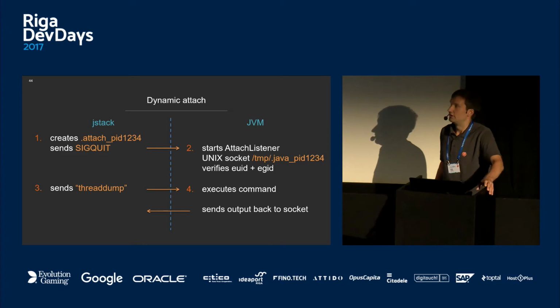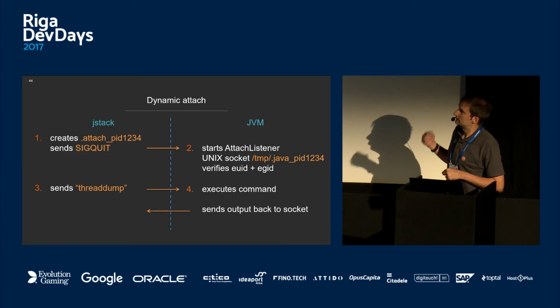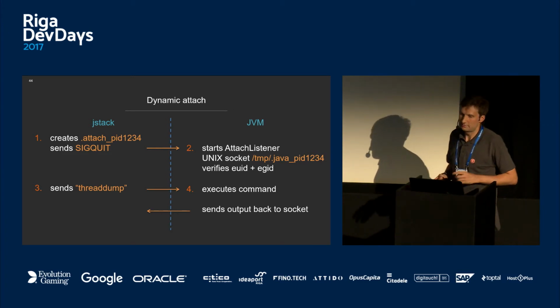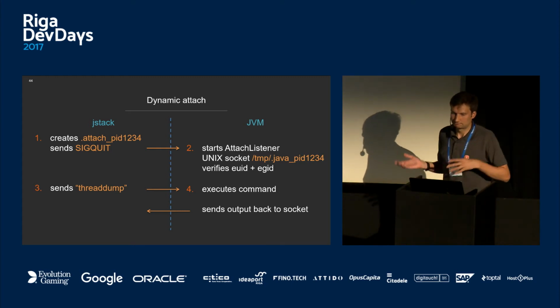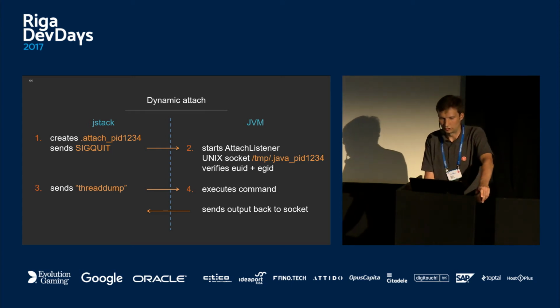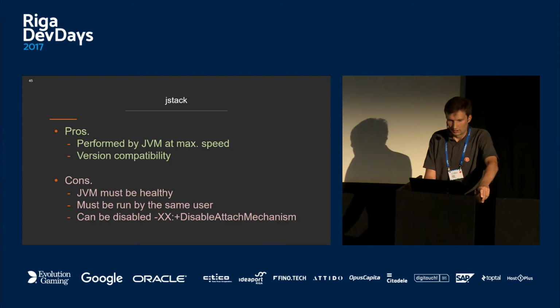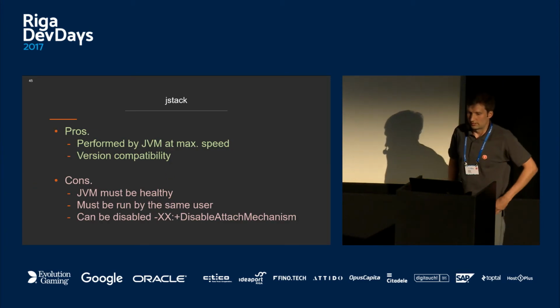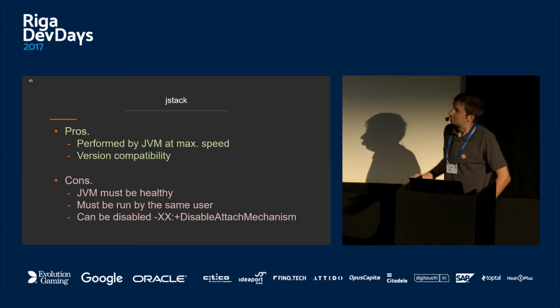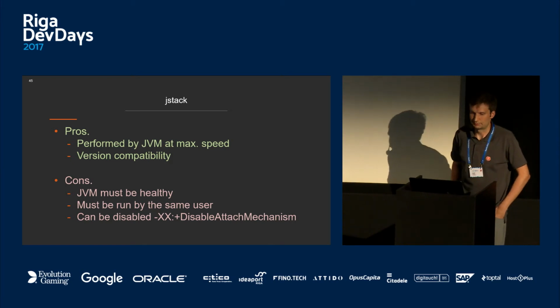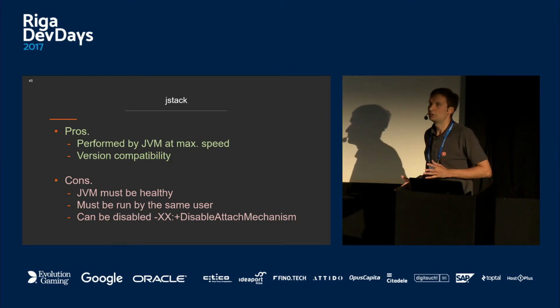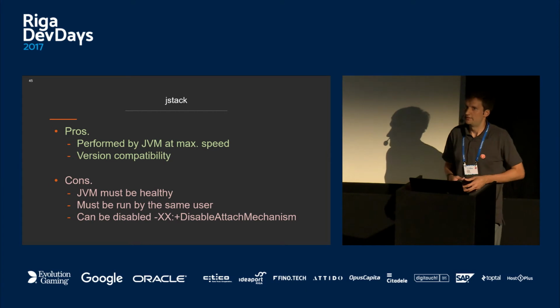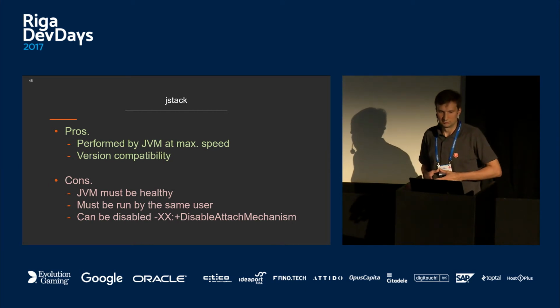Then the jstack utility sends a command through this Unix domain socket, and JVM executes these commands and sends output back to the socket. The benefit of this approach is that the commands are executed by JVM itself at the maximum possible speed.